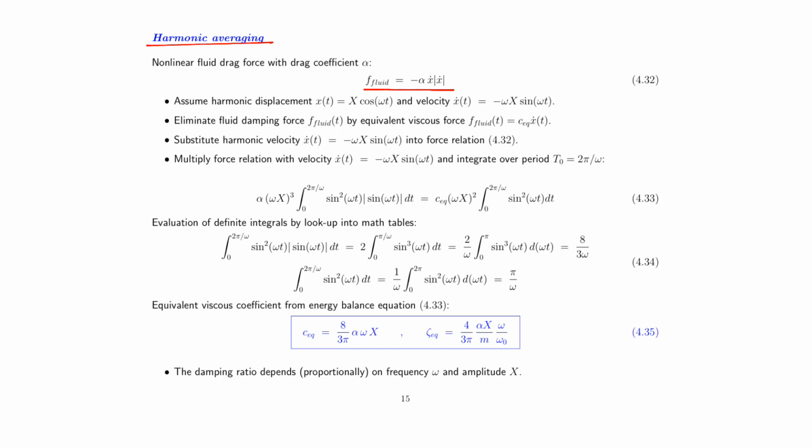And what we're going to do initially is to assume harmonic displacement by cosine, and that means that the velocity will be a sine function. Then we're going to eliminate the fluid damper force by a viscous damping coefficient. And that means we will have a relation where we get rid of the fluid damper force.